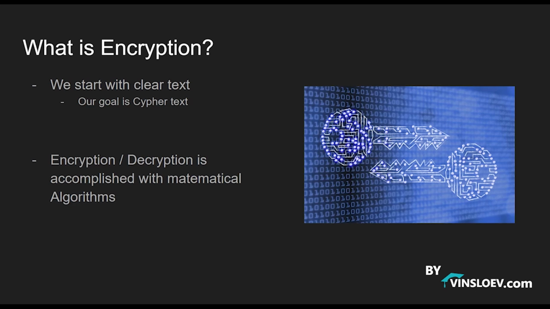Because if we didn't encrypt it, then anybody else could basically read this, and we don't want that, especially for sensitive and private information such as passwords or bank details or personal information like insurance numbers and stuff like that. So encryption is basically all about taking something from clear text and making it into cipher text.